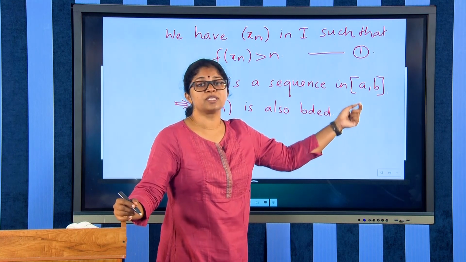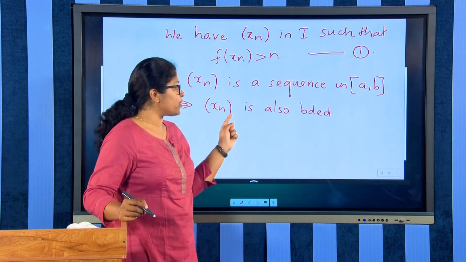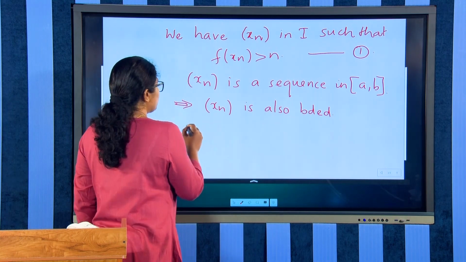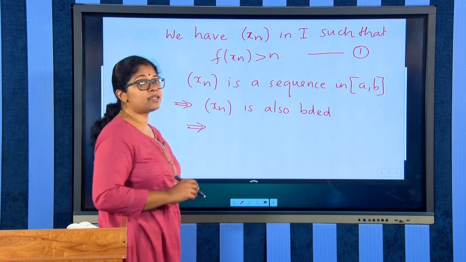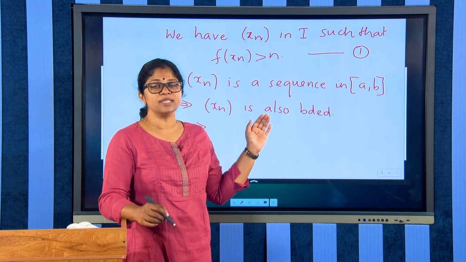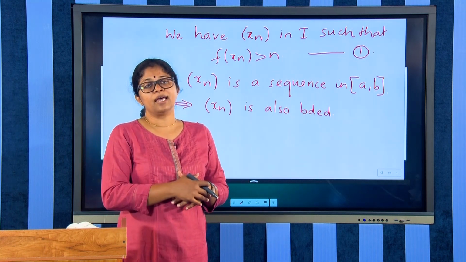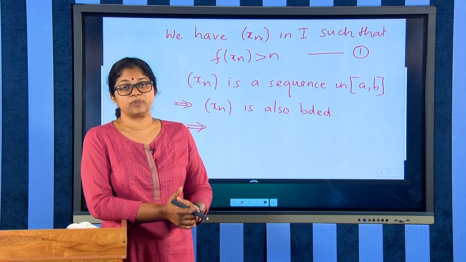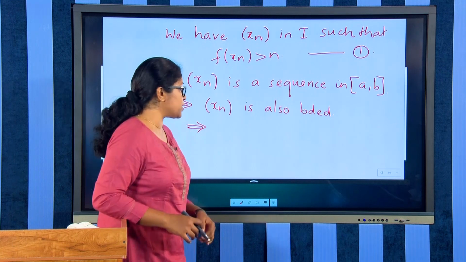This brings us to a result we have studied for bounded sequences. We have learned that every bounded sequence has a convergent subsequence, which is called the Bolzano-Weierstrass theorem.